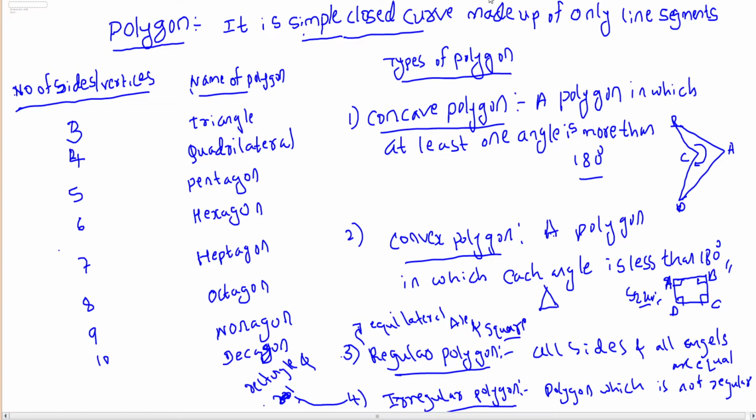A simple closed curve is a closed curve which does not intersect itself. Such a simple closed curve made up of only line segments is called a polygon.